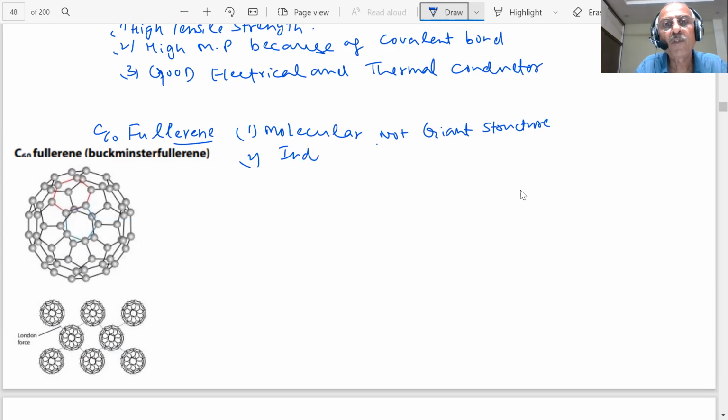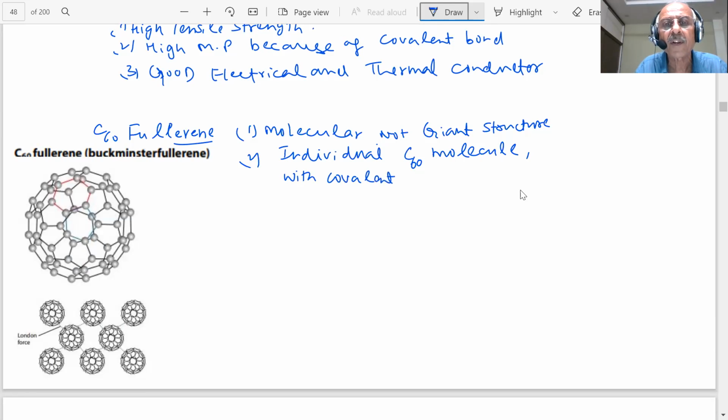There are individual C60 molecules. One molecule has 60 carbons with covalent bonds.